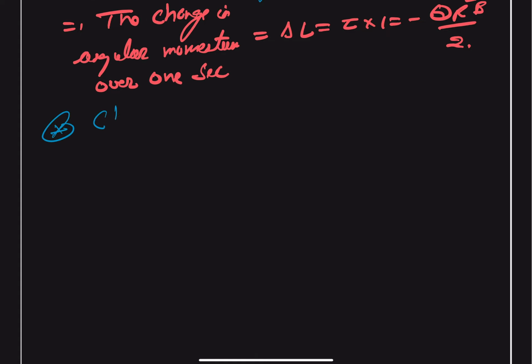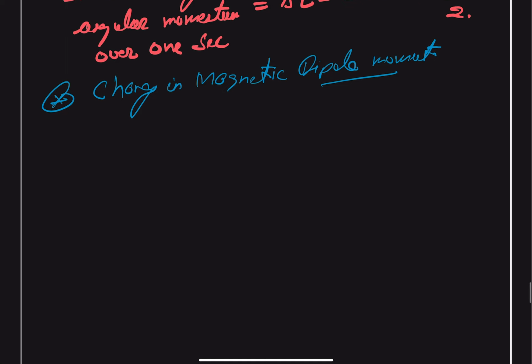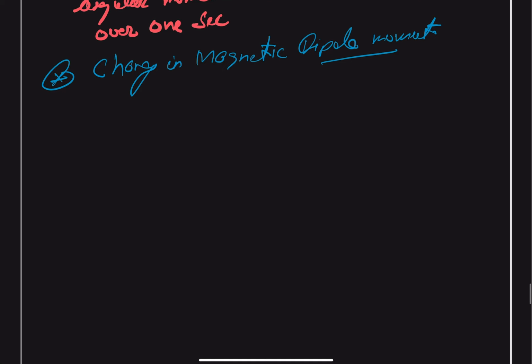So we have change in magnetic dipole moment, and the proportionality relationship that is given as mu is equal to gamma multiplied by L, that is angular momentum. From here we can write that a change in magnetic dipole moment will be equal to gamma times the change in angular momentum.